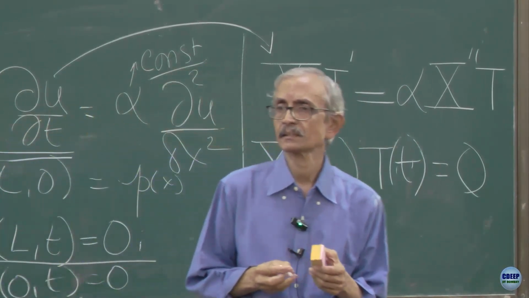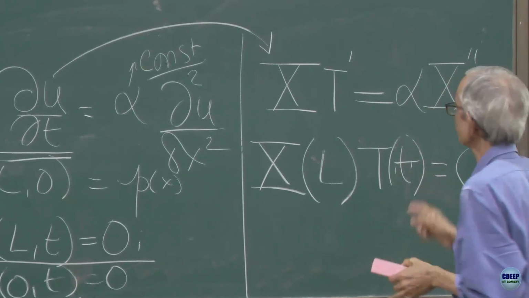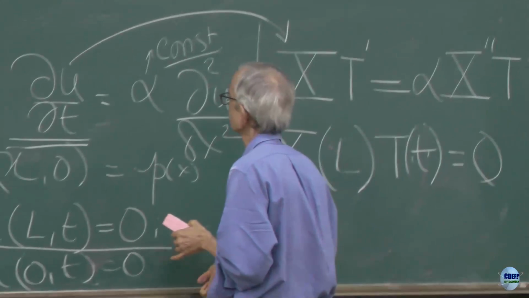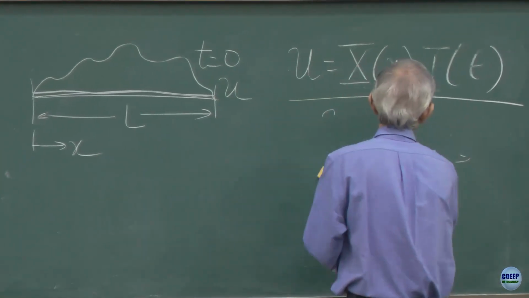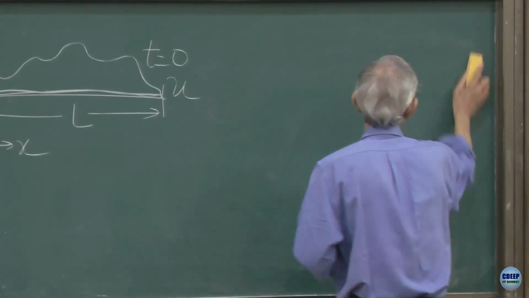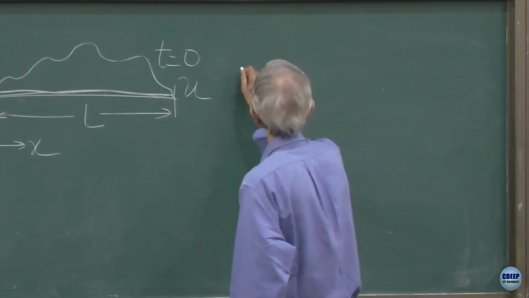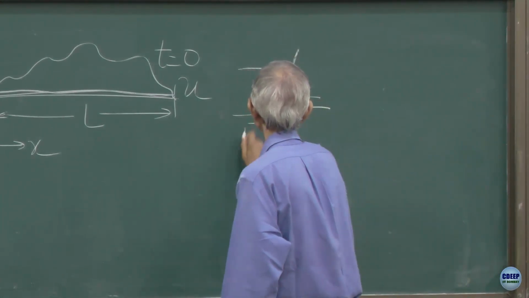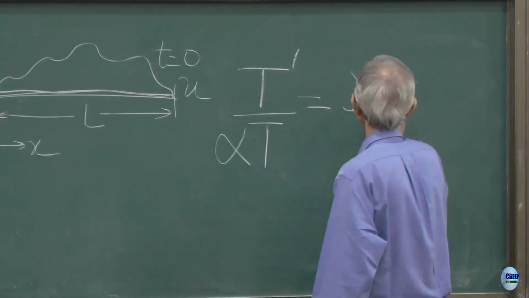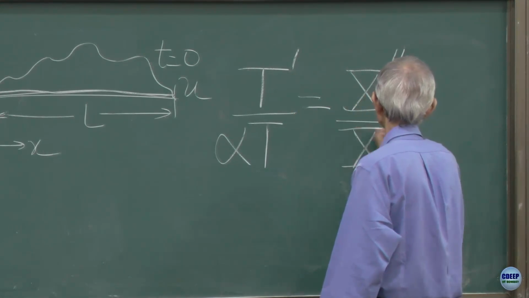Okay. So what can I say by looking at that expression there? Can I say anything? Remember, I want to separate the variables. Okay, let's first get here then. I want to separate these two guys, and we have written up our governing equation like that. So you can write this equation as T prime upon alpha T is X double prime upon X. Okay.